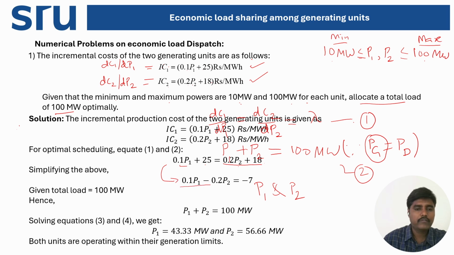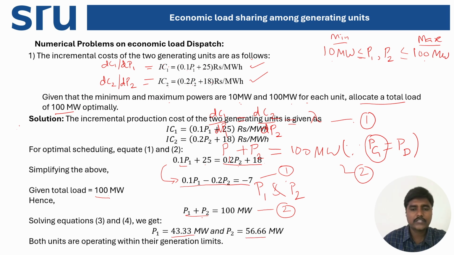And the given load is 100 megawatt, which needs to be supplied by these two units itself, P1 plus P2 should be equal to 100 megawatt. So now let's say this is equation 1 and this is equation 2. Solve these two equations, then you will get the P1 value as 43.33 megawatt and P2 as 56.66 megawatt.